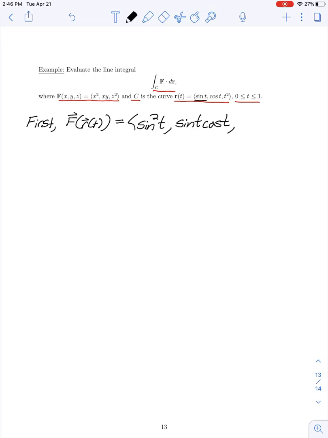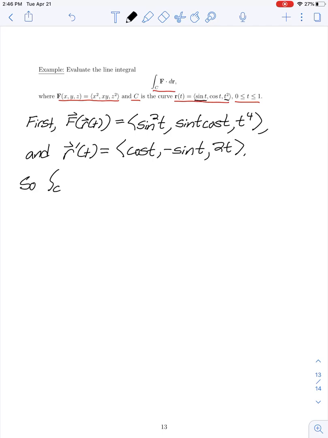And our third component is z squared. Now z is t squared, so we have t to the fourth for that last term. And we also need to find r prime of t. So differentiating our component functions, we have the derivative of sine t is cosine t, derivative of cosine is negative sine t, and derivative of t squared is 2t.